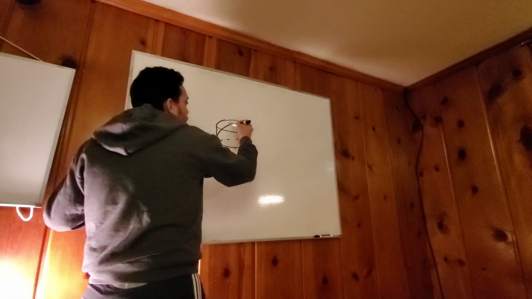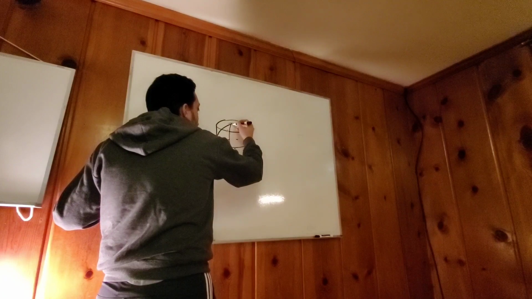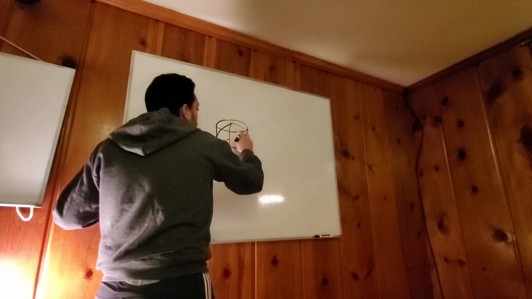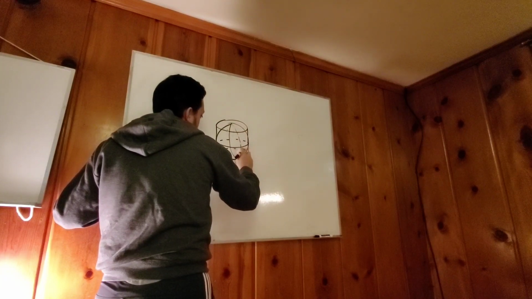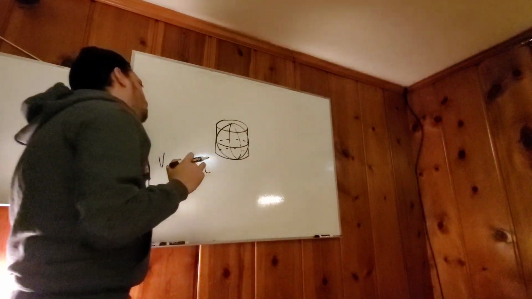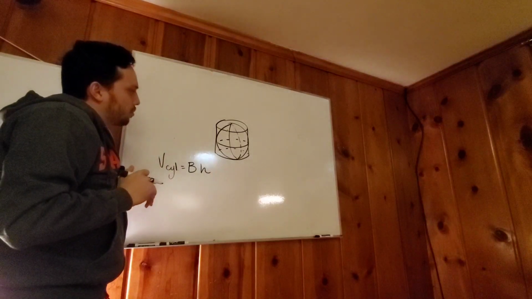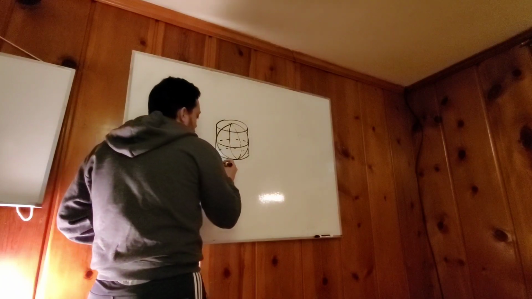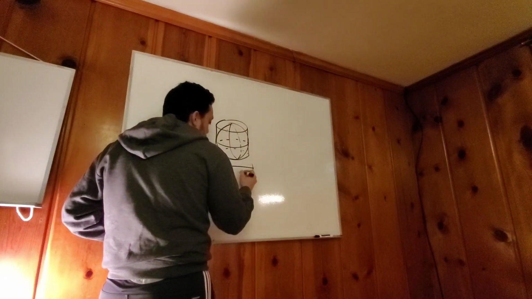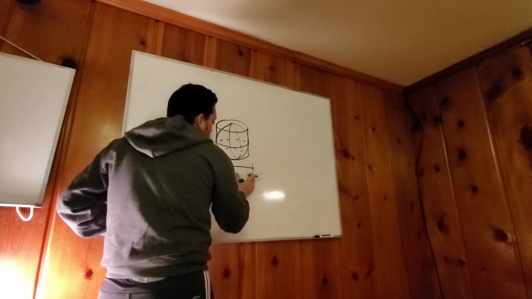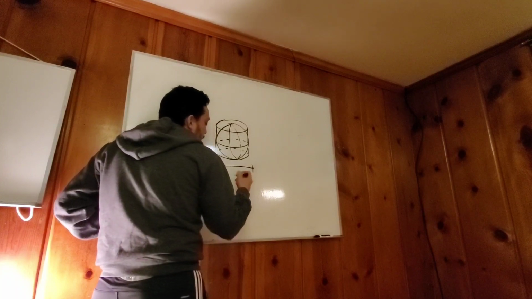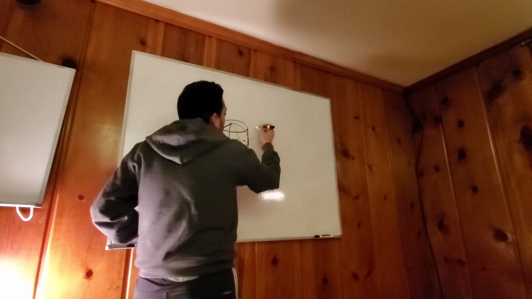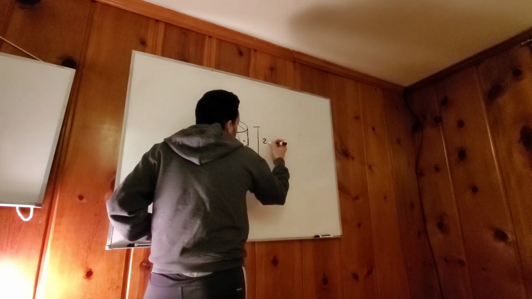However, for the sphere, it's going to be a little bit different because the height of the sphere is also going to be the circumference of the circle, of the sphere. And so what you have to understand is that right here, the base obviously has a diameter, but I'm going to call it radius, okay? So it's going to be how many radius in one diameter? 2 radius. So it has 2 radius right there, and the height is also going to be 2 radius.